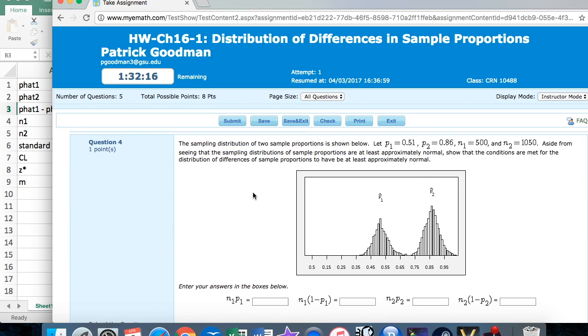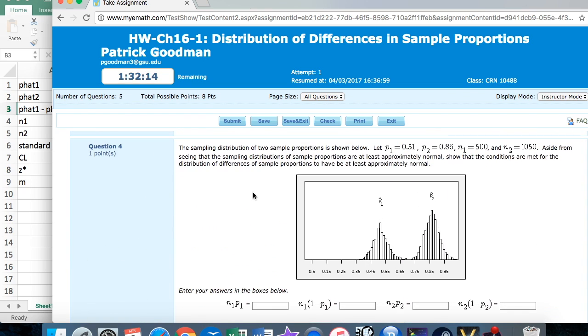And then down here, it's just some simple multiplication. So it's asking you for what's N1 times P1. Well, your P1 is 0.51 and your N1 is 500. So we're just checking to see if both of these two different proportions are approximately normal.